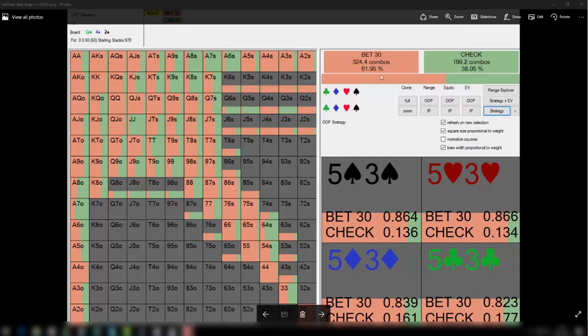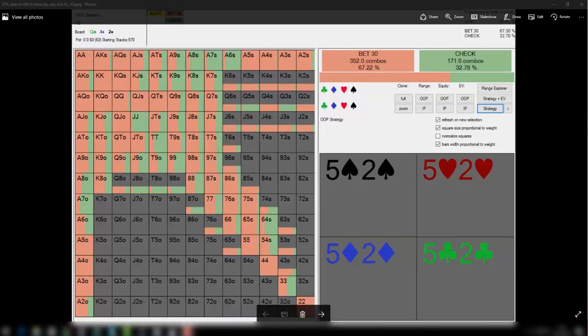So let's look at the effect of bumping up the c-bet frequency a bit. Here I've taken it up to 67%, basically by adding in a higher frequency of overpairs and good queens, the low sets, 2-pair, and the ace-high gut shots.